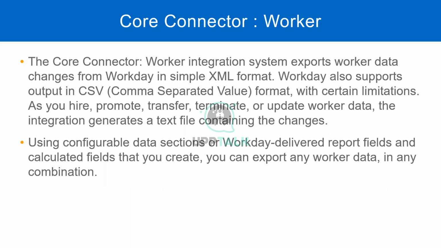But then if you want to have a daily run, or maybe every hour, every 2 hours, then what would you do? You will only send the changes, correct? The delta file or the change file. So that is why this Core Connector Worker is typically very good at that. It is good at detecting the changes that have been made to the worker information.